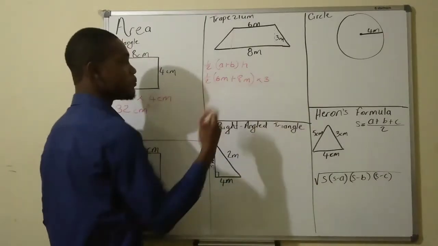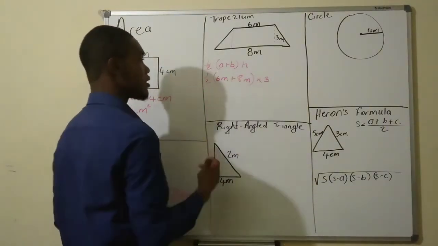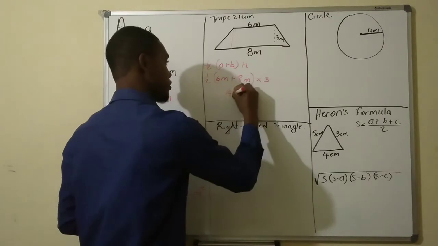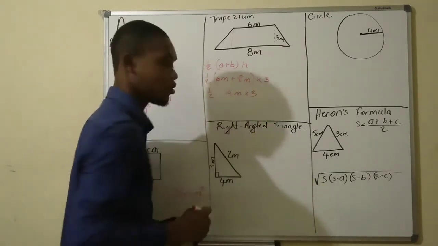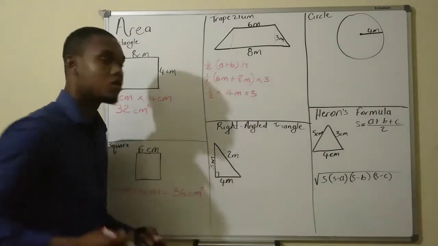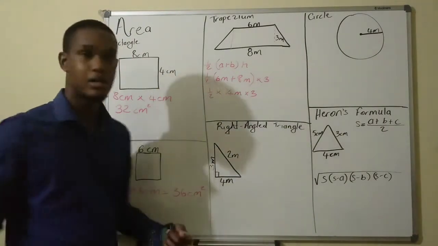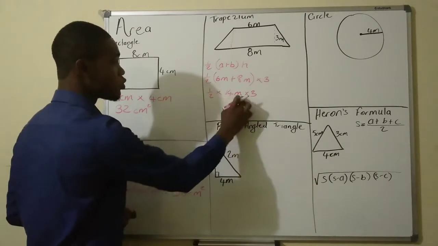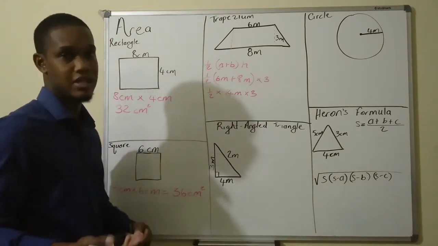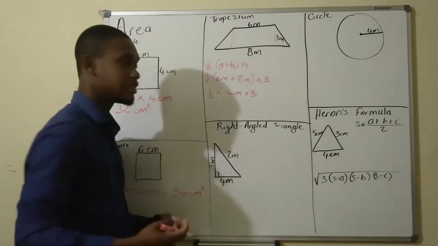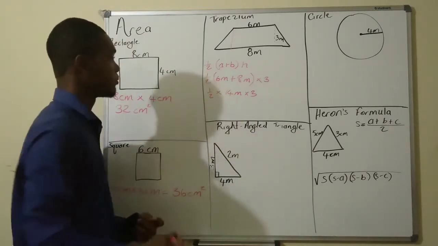Now you will just simply work it out mathematically. So 6 plus 8 gives you 14 meters times 3, and then you will have your half on the outside. You can just put this in on your calculator, or if you want to work out two parts of it, it makes no difference. It will still give you the same answer. So half times 14 would give you 7.